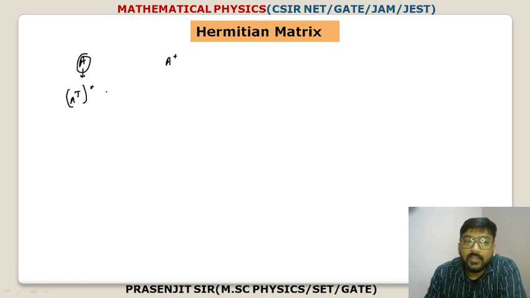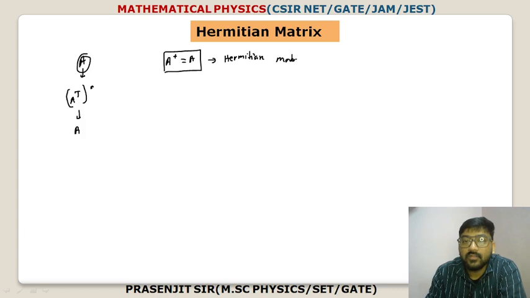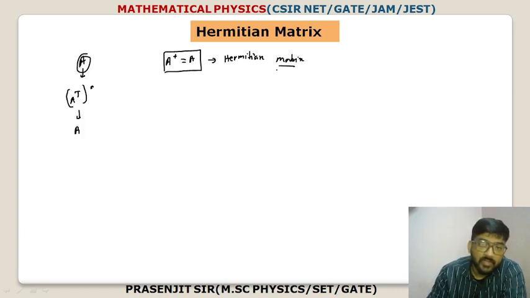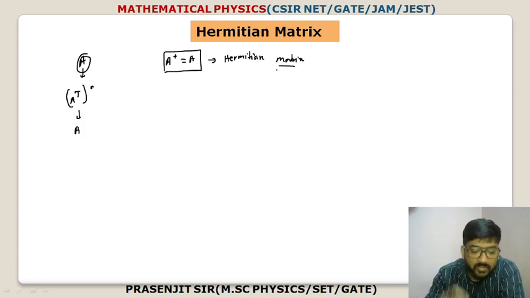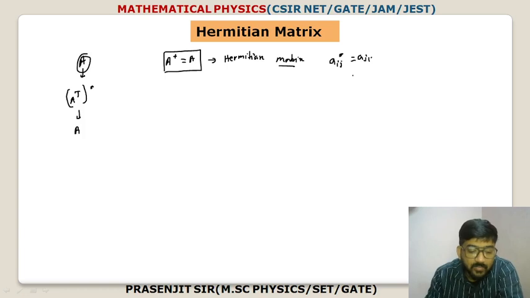If after operating this you get the same matrix, that means A dagger is equal to A. The matrix for which this relation holds is called a Hermitian matrix. For each and every element we can write that Aij star is nothing but Aji; even after taking the complex conjugate it is the same.